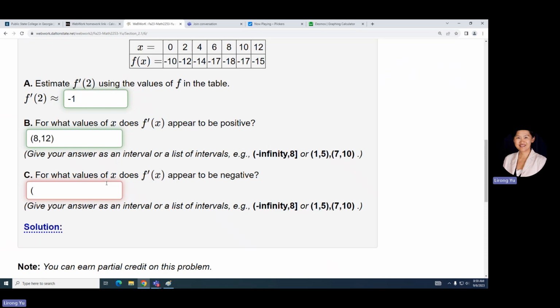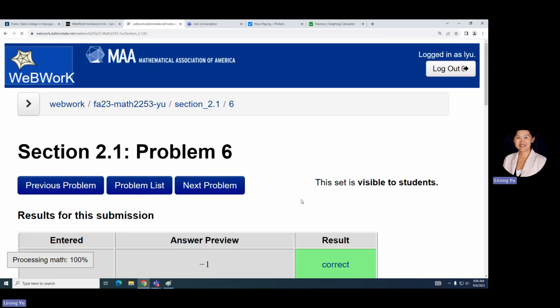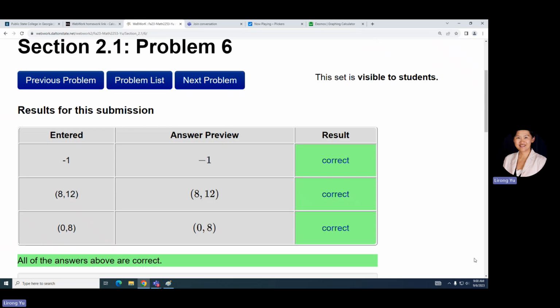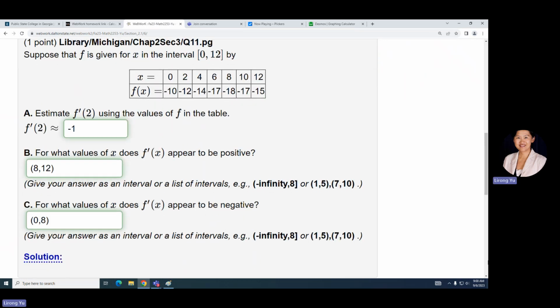That is negative. So 0 to 8 is decreasing, 8 to 12 is increasing. And that's question 6. So we're using the points to understand the tendency. Any other questions?